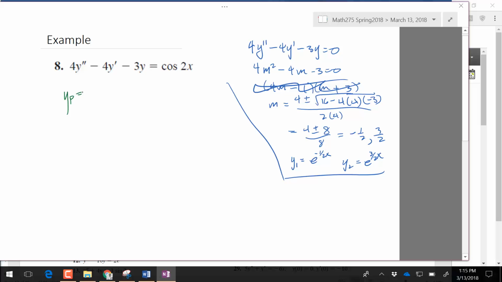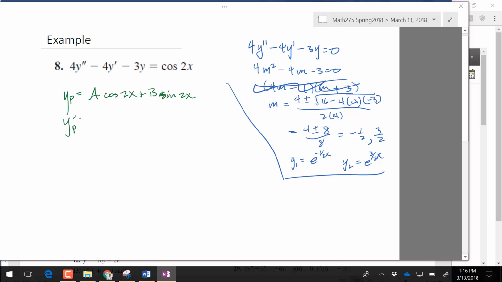So a particular solution looks like it's a cosine, so it should be a linear combination of the sine and cosine functions. And then from here, we need to take a couple of derivatives to put it into the function.